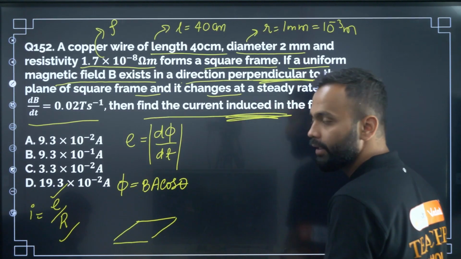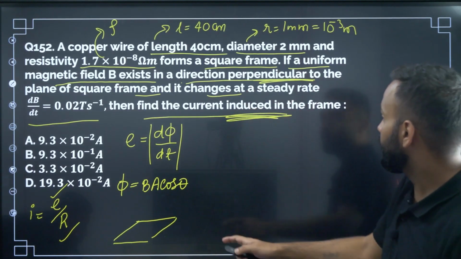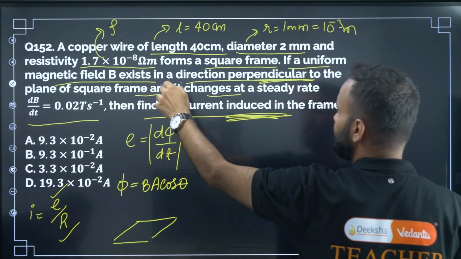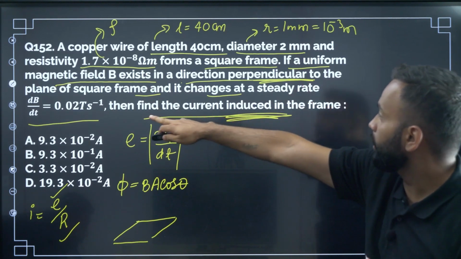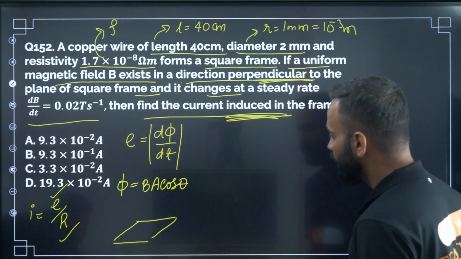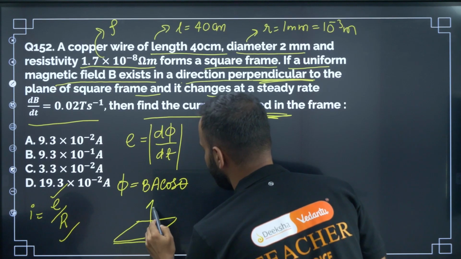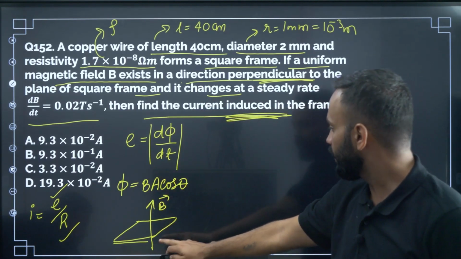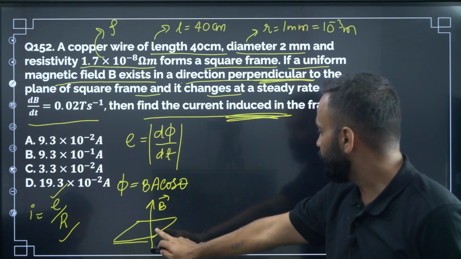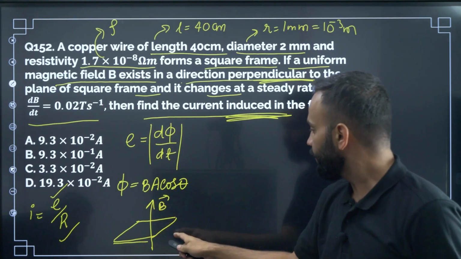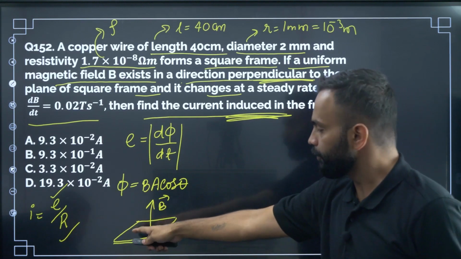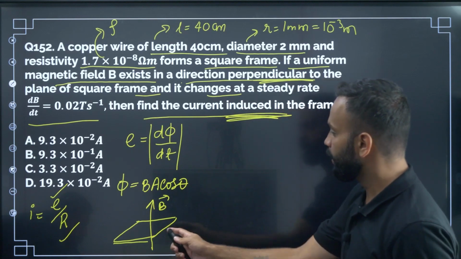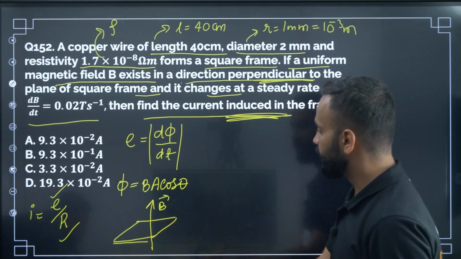Now we have to look at the question. In the question they have given that the uniform magnetic field B exists in a direction perpendicular to the plane of the square frame. So this is the direction of the magnetic field line, which is perpendicular to the plane of the square frame. The area vector is also in the same direction as the magnetic field, perpendicular to the plane of the square frame.